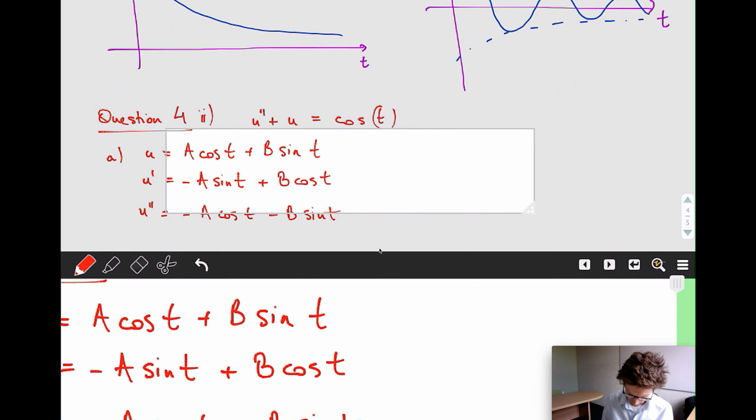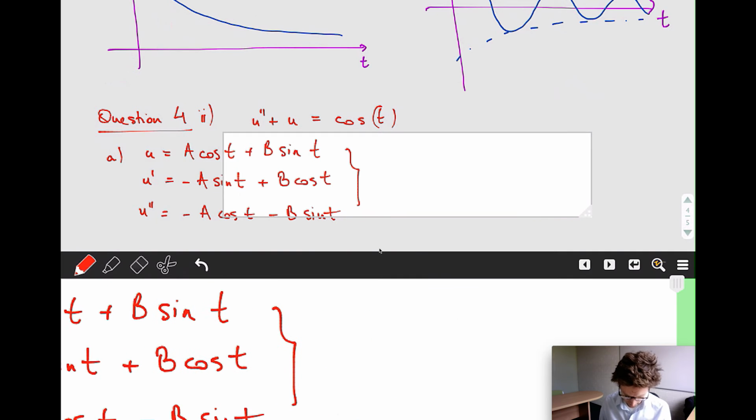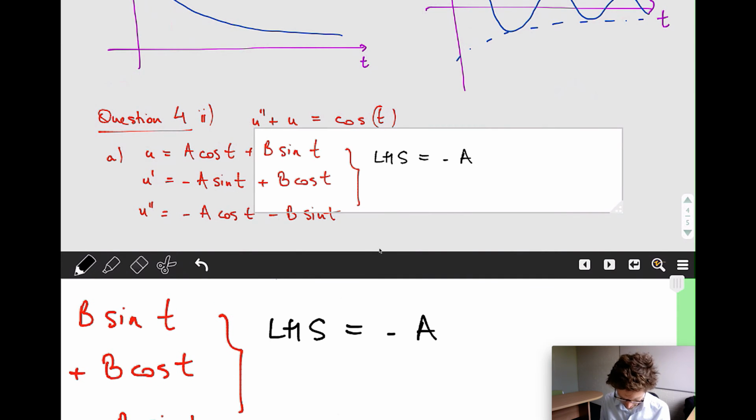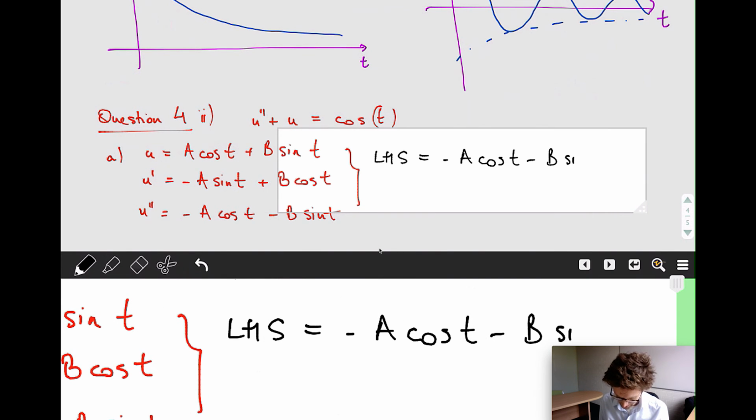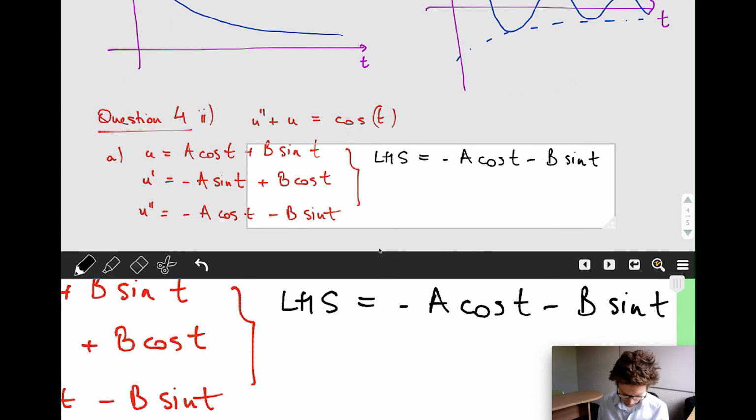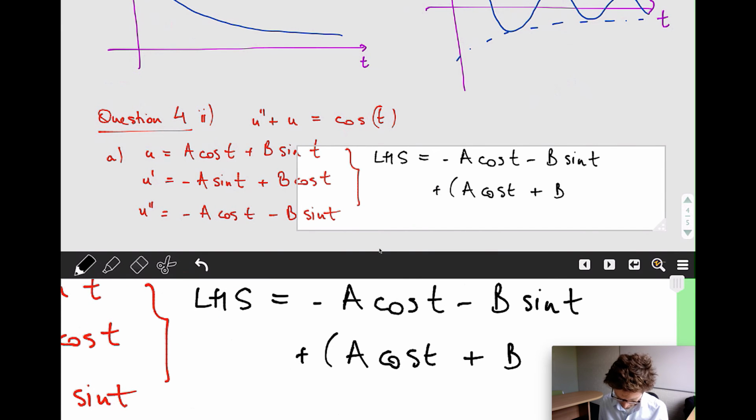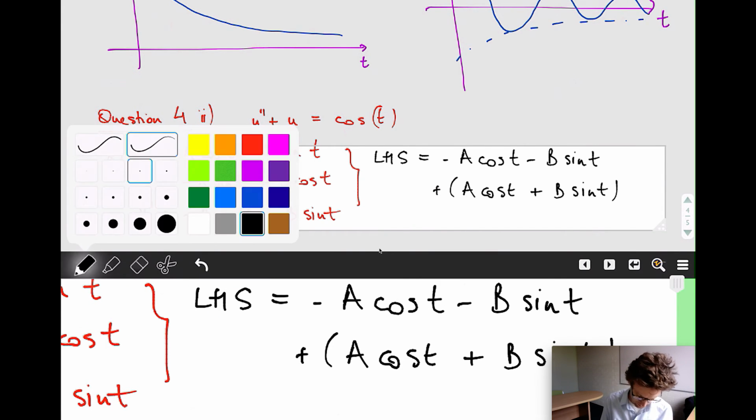Substitute those into my differential equation. On the left-hand side, I get u double prime, which is minus a cosine t minus b sine t, plus u, so that's plus a cosine t plus b sine t, and you see that we get exact cancellation between those terms.